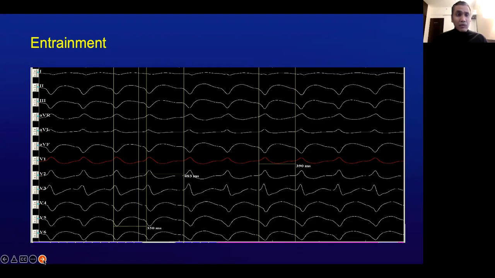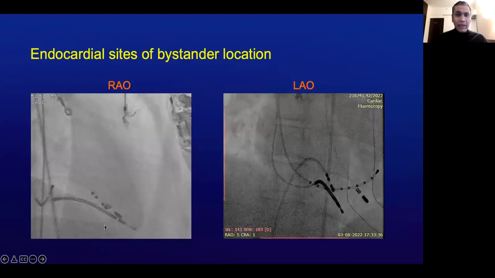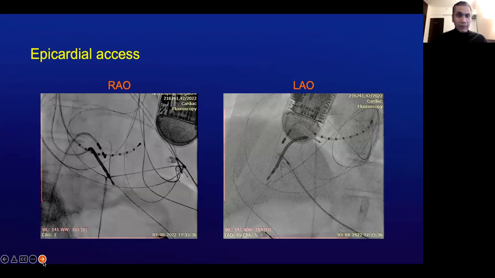Many such sites were present during our mapping and were mainly clustered around these regions of the left ventricle. Given that we weren't able to get signals which were earlier in the cycle length of the ventricular arrhythmia, mainly within the diastolic corridor, we decided then to get epicardial access after reversing the heparin with protamine.